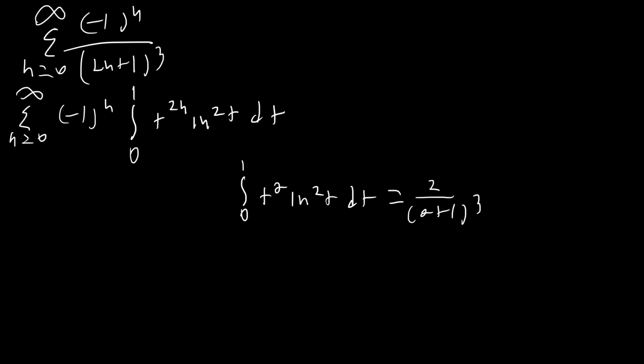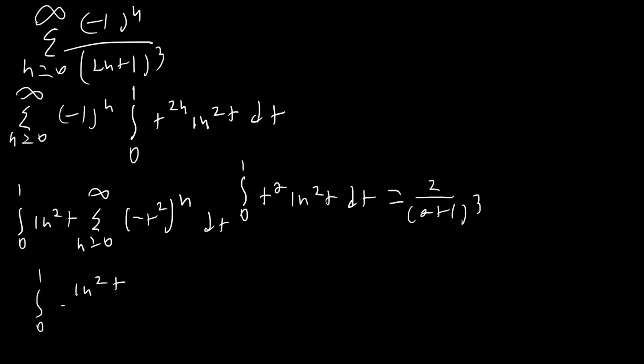Next, we're just going to exchange the order of integration and summation and rearrange everything inside. We're going to get the integral from 0 to 1 of ln squared t times the sum from n equals 0 to infinity of negative 1 to the n, t to the 2n, which is the same as negative t squared to the n. Rewrite this using the geometric series, and we have the integral from 0 to 1 of ln squared of t over 1 plus t squared dt.